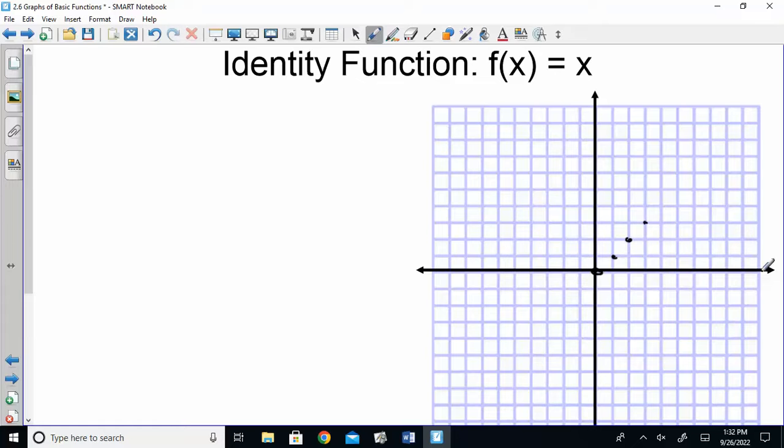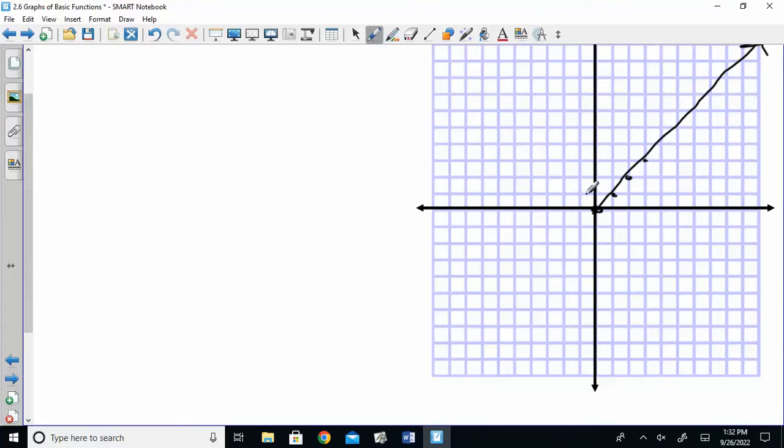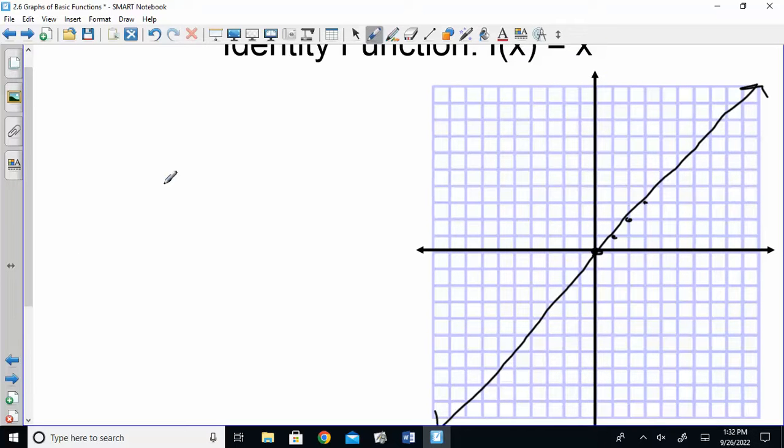You only need 2 points. I just can't draw straight lines, so sometimes I put more. Pretend that's straight. So that's my identity.